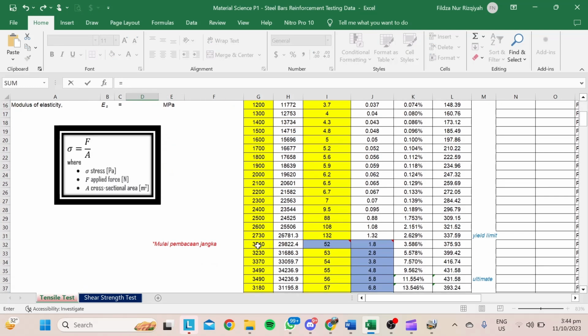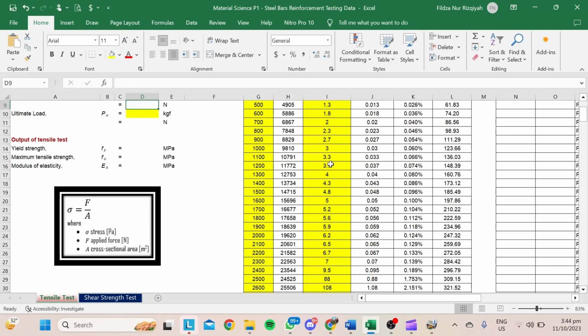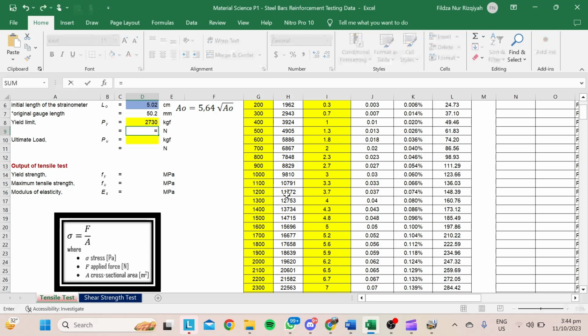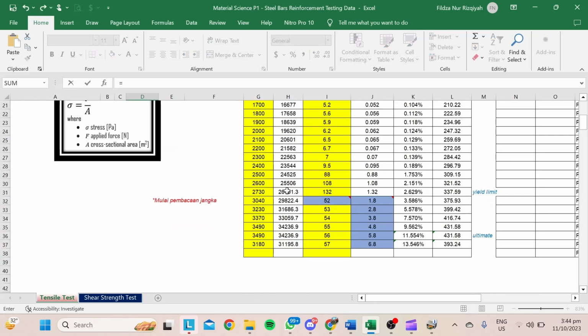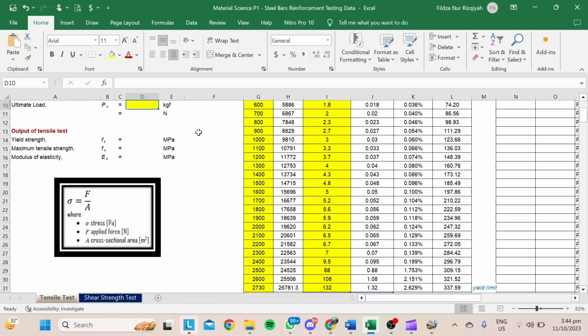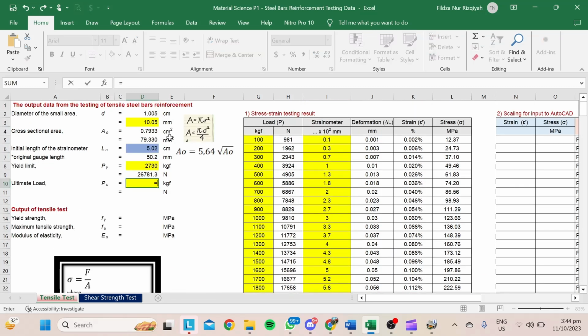Click the load in kilogram force, click enter, and then in Newton, click the cell of yield limit, click enter, and then do the same for the ultimate load.